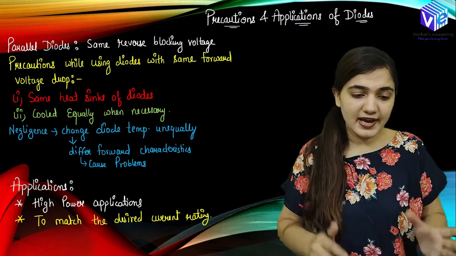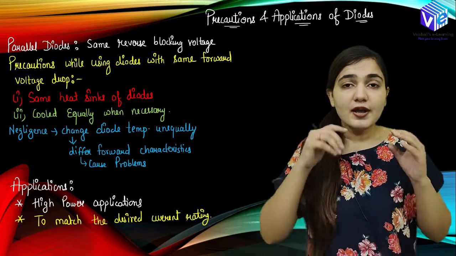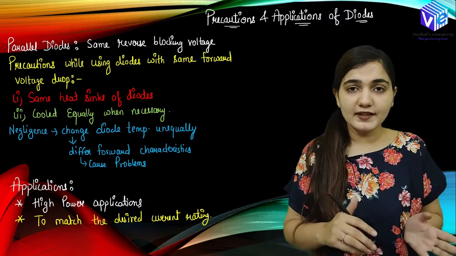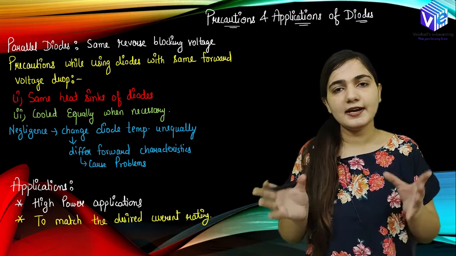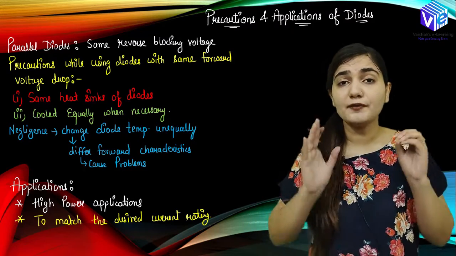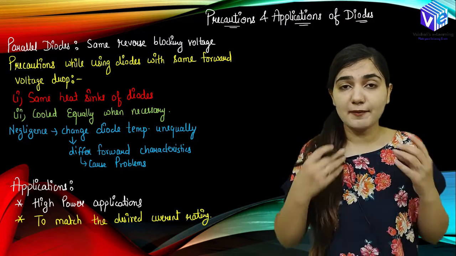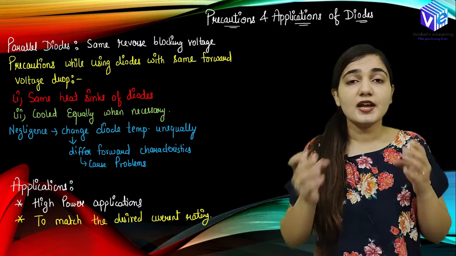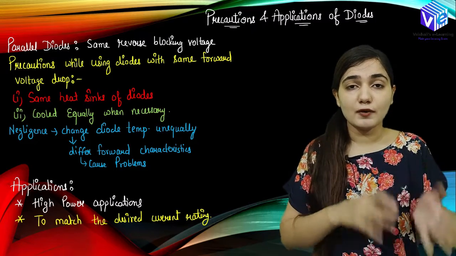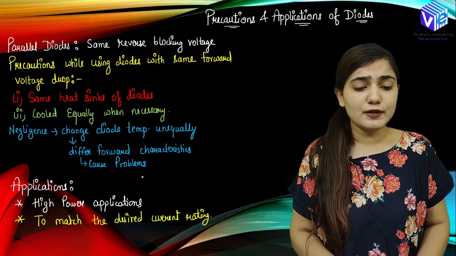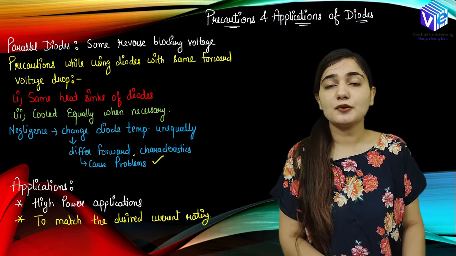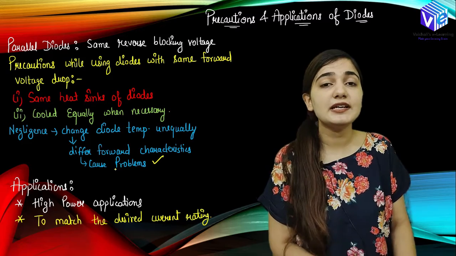When we have different diode temperatures, we know the current also depends upon the temperature, so we will have different forward characteristics. The current and the voltage depend upon VT, which depends upon the temperature. So when the temperature changes, the forward voltage and forward current change, and this is how the VI characteristics change, and it is going to cause problems. So we always have to use heat sinks.